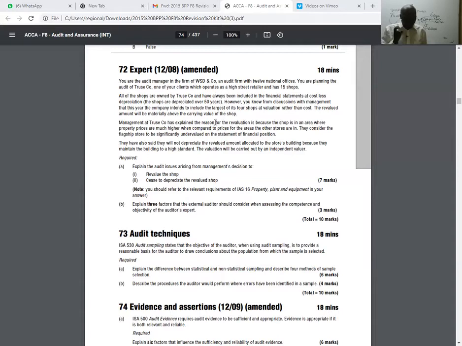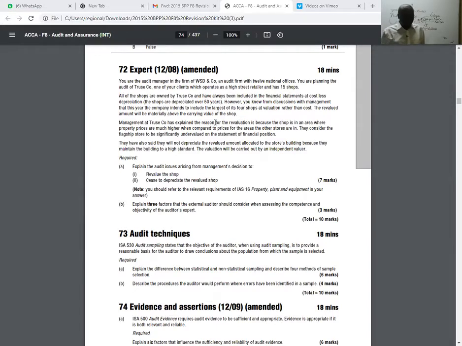Is he objective? We can only say that he was objective if he's independent of the directors, if he's not employed by this particular company, or has never worked for it, considering the familiarity concept. So I have to look at the objectivity of the person who did this revaluation.